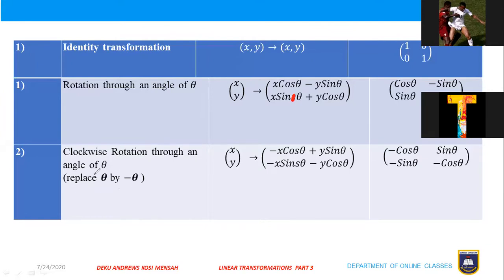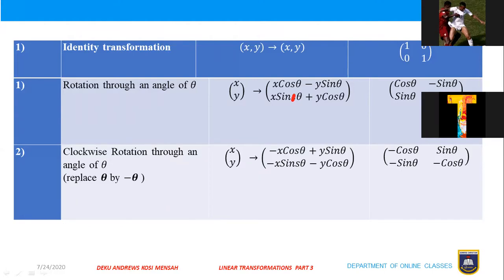Then clockwise rotation through an angle of theta, we only replace the theta by negative theta. And that will also lead us to cos theta, sin theta, because if you negate this, it gives you negative sin theta. If you negate this sin theta, it gives you negative sin theta.